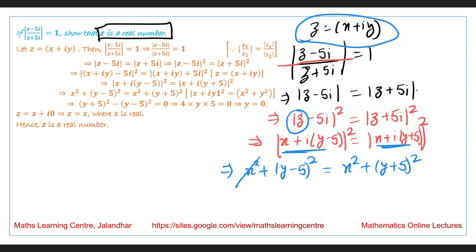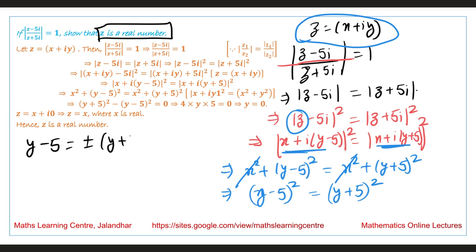So this x square gets cancelled, and this gives us (y minus 5) square equal to (y plus 5) square. And this implies y minus 5 is equal to plus minus (y plus 5).